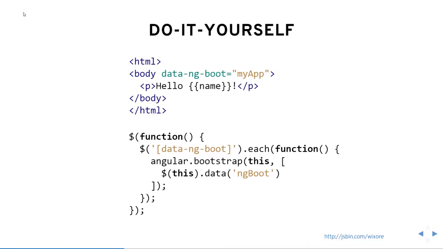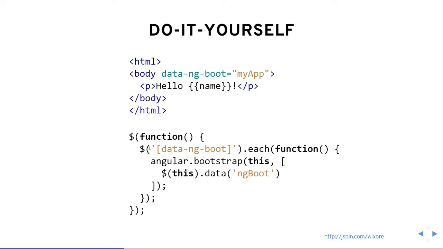So actually the example is doing exactly what we did, except that it's using a declarative way to do it. We specify a data attribute, data-ng-boot, and inside of the data attribute we store the module name that we want to boot Angular with on this specific element.